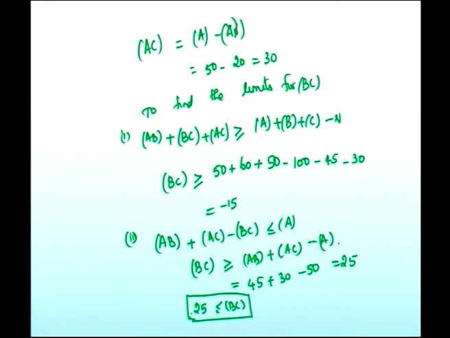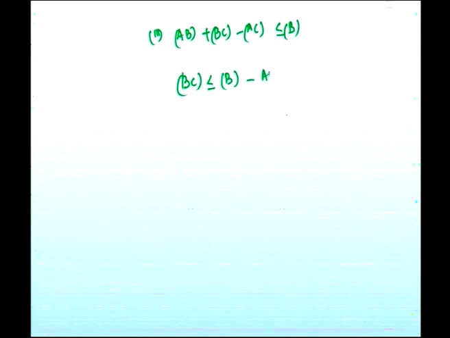Next we shall find out the right hand limit using another condition for consistency, that is AB plus BC minus AC is less than or equal to B. We want the limits for BC. So BC is kept as it is, less than or equal to B minus AB plus AC.